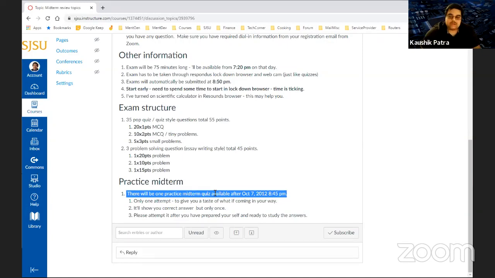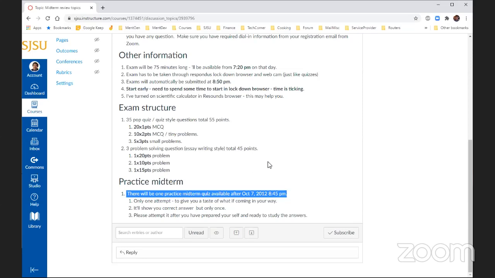A couple of students came to me and said, I practiced this problem, why didn't it come? Come on, I didn't guarantee that it will come. It will just give you some timing test on your practice. So make sure you understand that practice midterm questions may not be repeated on the exam.